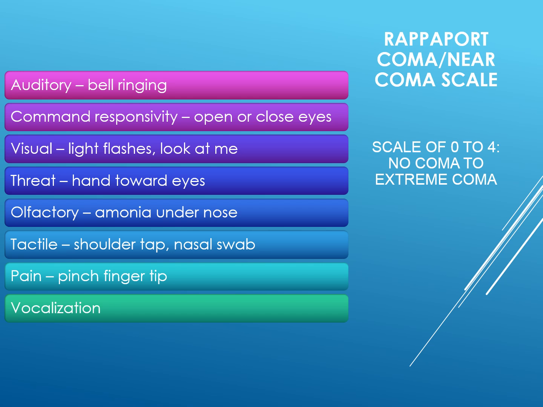It's actually very tickly and kind of really weird feeling. To look at a pain response, we would pinch their fingertips. For vocalizations, we would see if the patient could imitate vocalizations or would vocalize in response to any of the stimuli we would present previously.